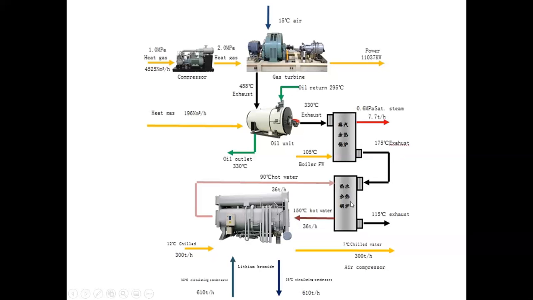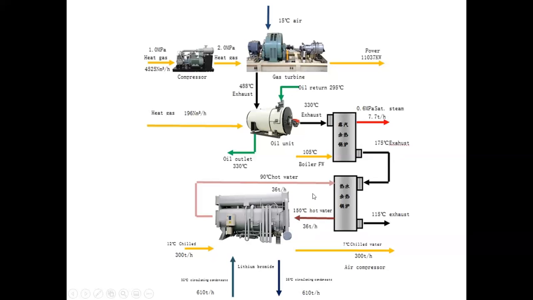So now we've got a hot water boiler. We're not making steam anymore, we're making hot water. So what do we got? We're coming back in at 90 degrees C, and we're coming out at 150 degrees C. And I guess that's 36 tons an hour of flow.